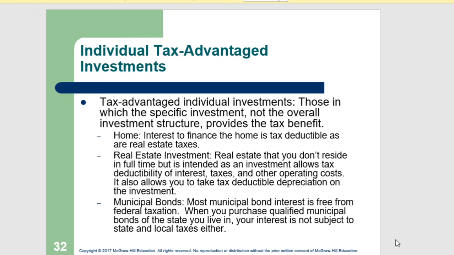Municipal bonds have tax treatment. So these are like, the local school district wants to build a gym, so they sell a bunch of bonds to raise the money to build a gym, and local investors buy them. And most of those municipal bonds are free from federal tax.